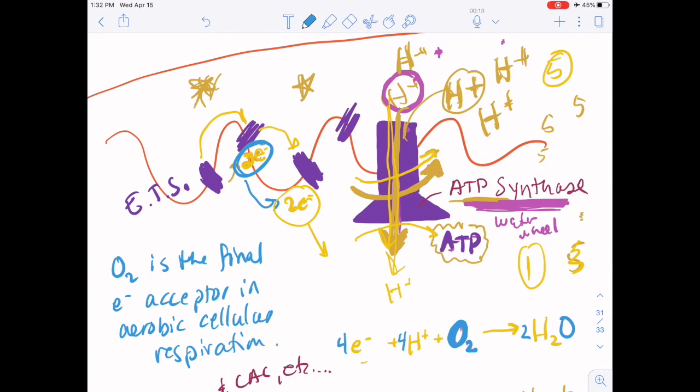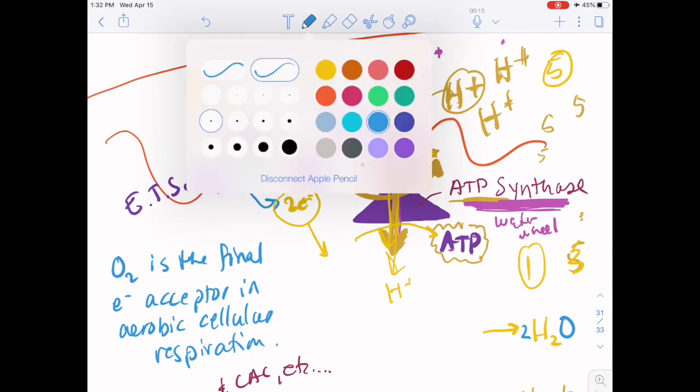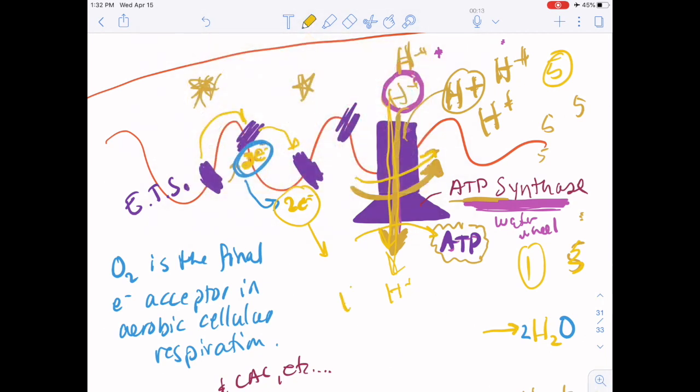It does something. I mean, all of us know that oxygen is something that our cells need, but what does it do? Well, think about what happens if oxygen's not there. If there were no oxygen to bind to those 4 electrons and protons, the protons would flow through ATP synthase. We'd have 5 in here and 5 out there.